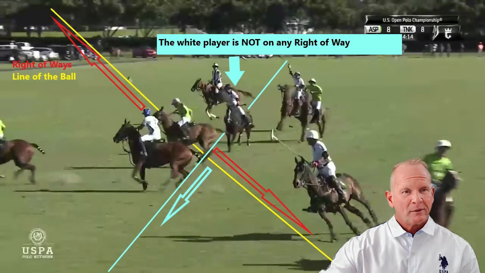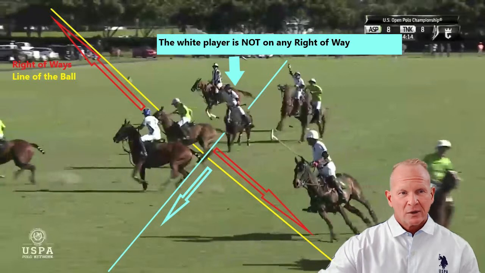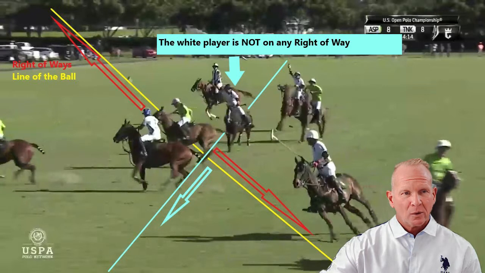Turning for an open back shot. We changed the way we called this a few years ago, probably back in 2016. So this is how we call it today. When your team, let's say a player in front of you on your team is in a defensive situation and he or she makes an open back shot, that's a back shot to the right, and you turn to the right to pick up that right away on that line.